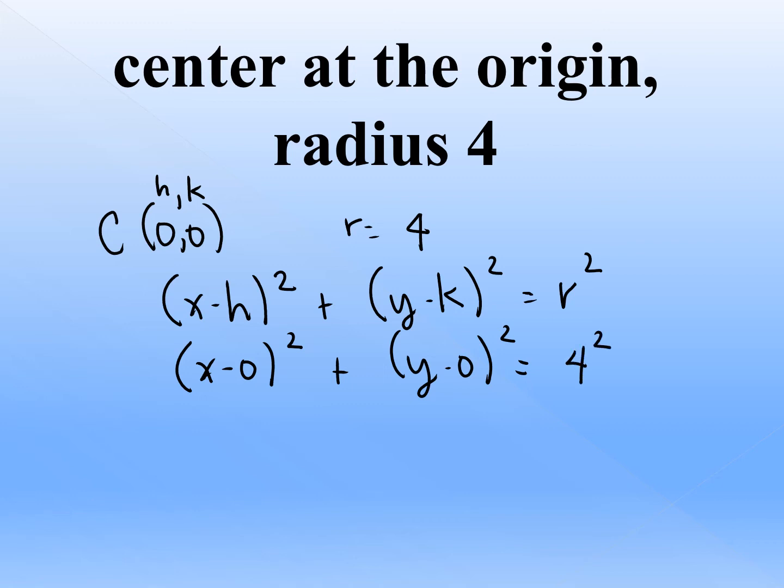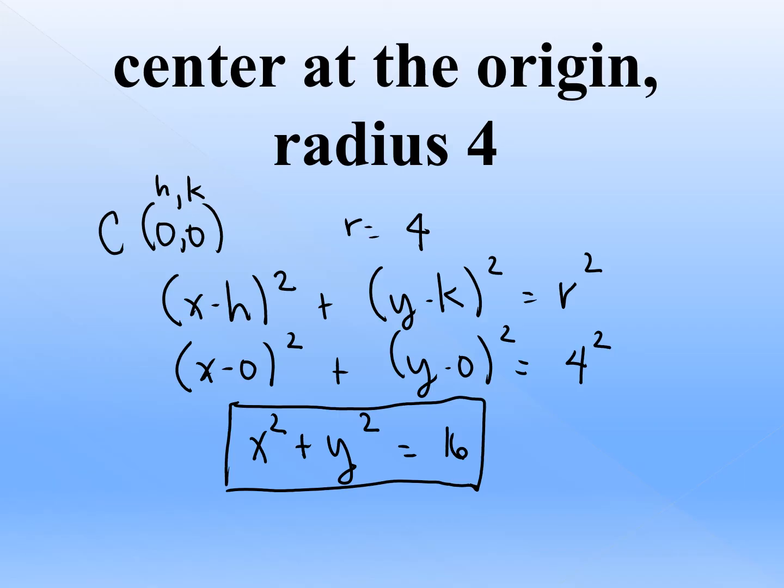Simplifying this, x minus 0 is equal to x. So we have x squared plus y squared is equal to 4 squared, which is equal to 16. Therefore, the standard form of the equation of the circle is x squared plus y squared is equal to 16. Let us now have the next example.